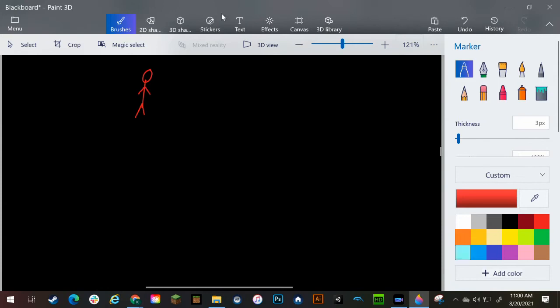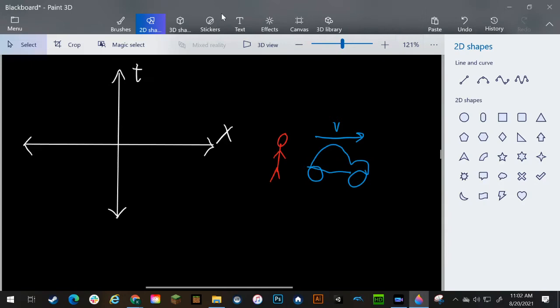Here's an example. Let's think about Bob, the bystander, and Carl, the cab driver. Bob is standing stationary on the sidewalk, and Carl, the cab driver, drives past him with a constant velocity v. So here is what Bob and Carl's world lines will look like in Bob's reference frame.